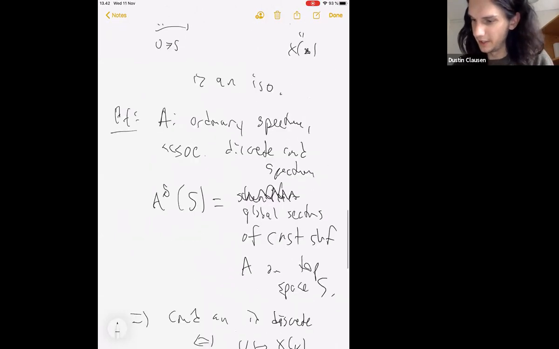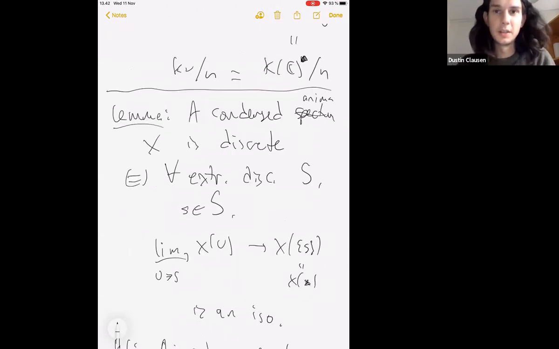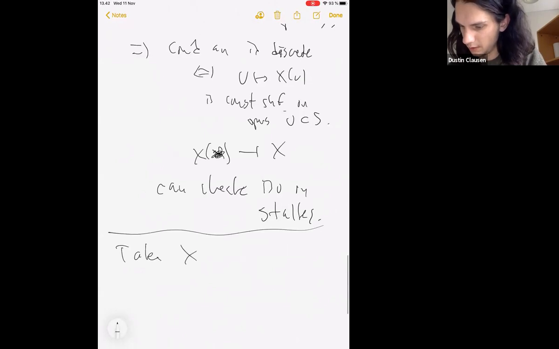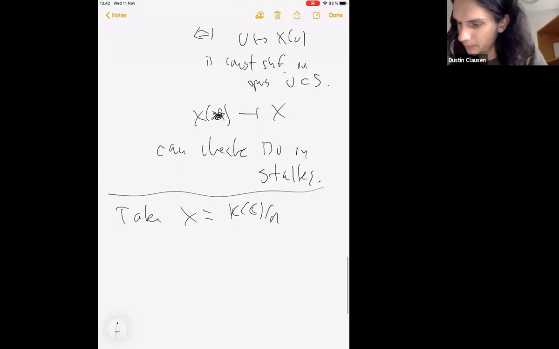So that's this criterion here. So now let's apply it in the case of K theory of the complex numbers. Then we can look at both sides.